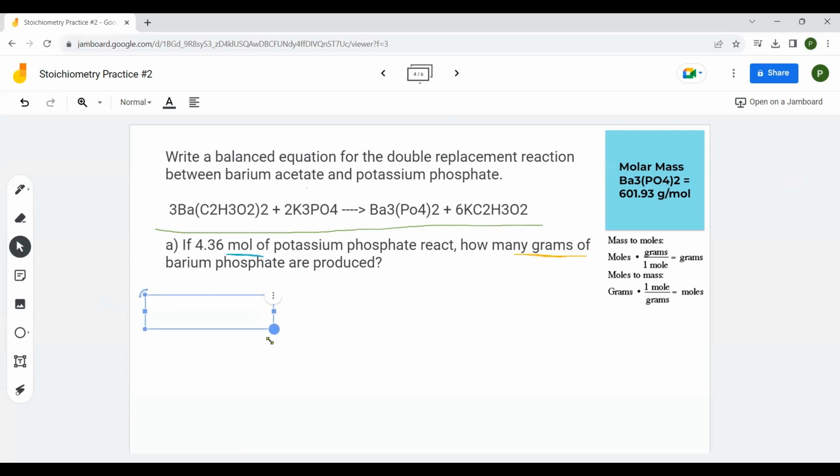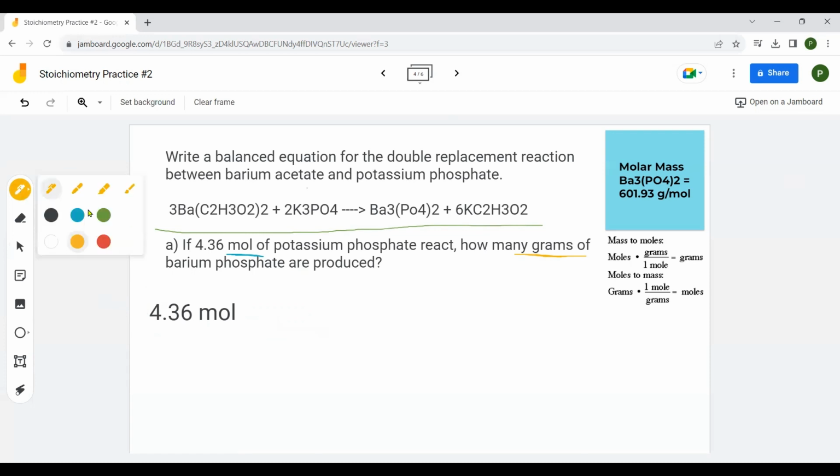So we know that we have 4.36 mole of potassium phosphate. That's K3PO4, our potassium phosphate. Our barium phosphate is this bad boy right here.